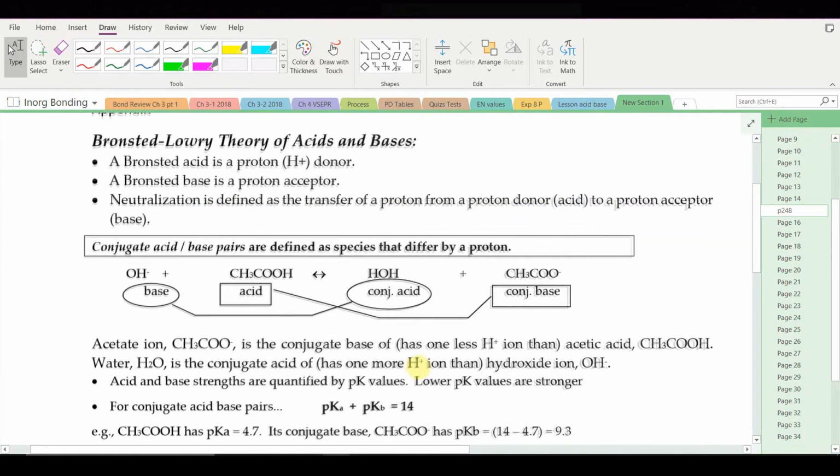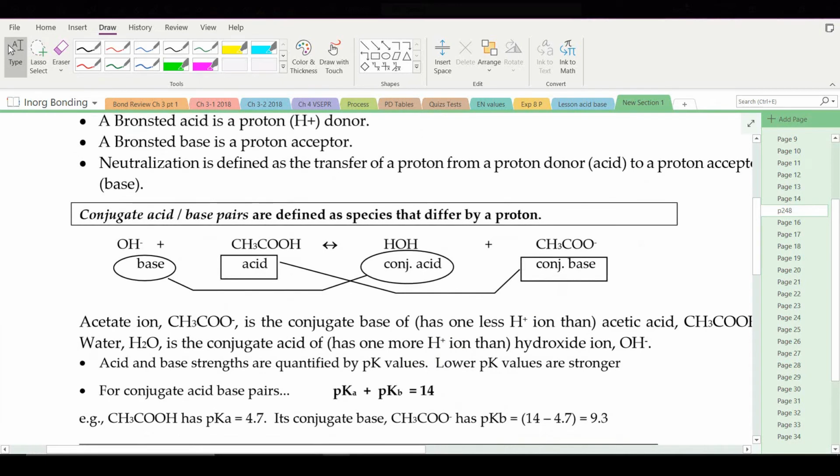Here's an example. In this reaction, hydroxide is a base. It accepts a proton from acetic acid and then becomes water, H2O. At the same time as acetic acid donates the proton, it forms its conjugate base, acetate ion.